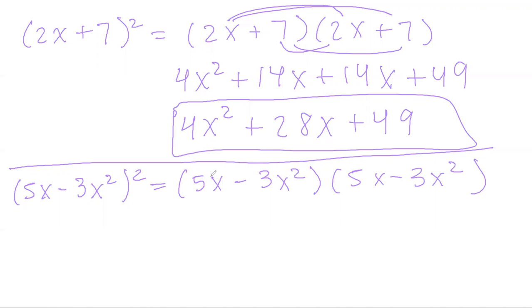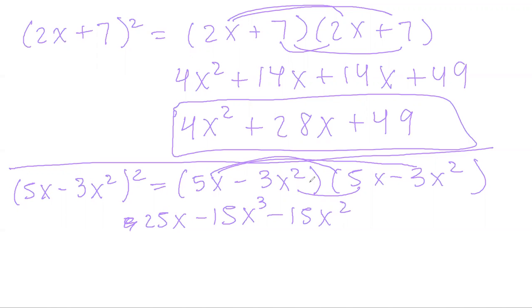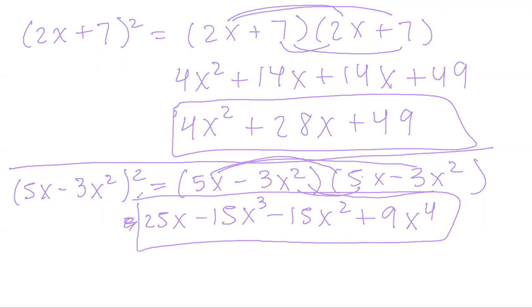Multiply out, so 5x times 5x is 25x squared. 5x times negative 3x squared is negative 15x cubed. Same thing here, negative 15x cubed when I multiply the negative 3x squared with the 5x. And then lastly, negative 3x squared times negative 3x squared is plus 9x to the fourth. All right, so that's the last example here for multiplication.